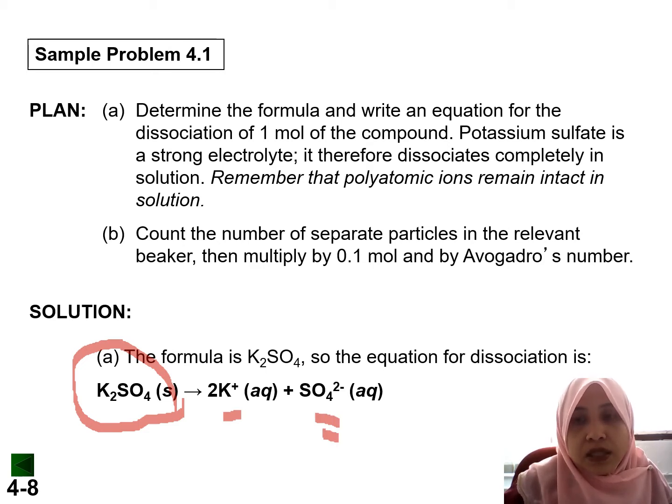In aqueous solution. So from this chemical equation, we know that 1 mole of K2SO4 will dissociate into 2 moles of potassium cation and 1 mole of sulfate anion.